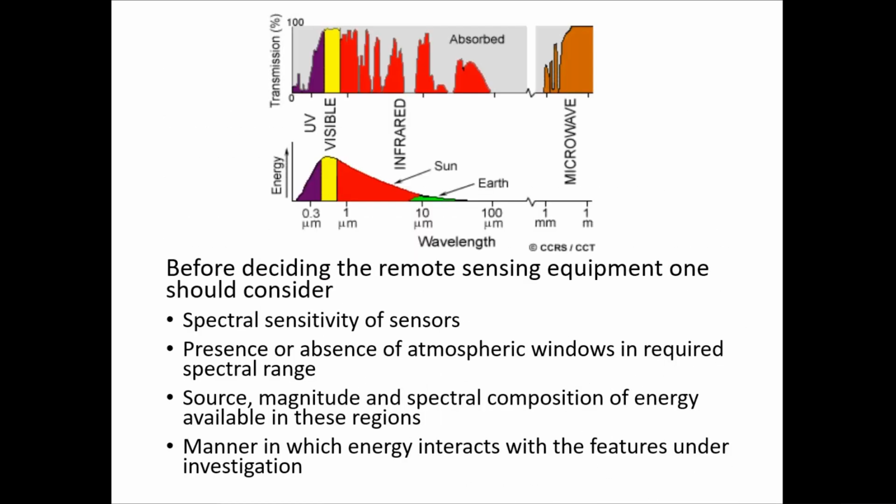Because the clouds, water vapor in the atmosphere, or a lot of dust or anything in the atmosphere, none of these is going to absorb any energy in this very long wavelength microwave region. So most of the energy interactions in the microwave region will be unaffected, and you can get very good data about the features using sensors which operate in this microwave region.